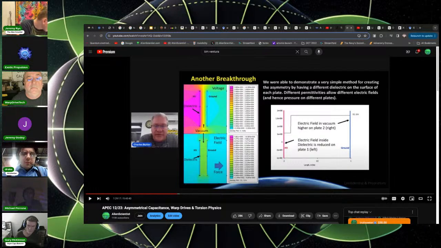If you look at Townsend Brown's setups, he talks about needles on one side and a flat capacitor plate on the other side, and the force kind of goes away if you don't pulse it with AC. Why would that happen? Because the needle one-plate capacitor experiments still work with one plate, not two plates. I'm less familiar. I think that's more the PEM drive.